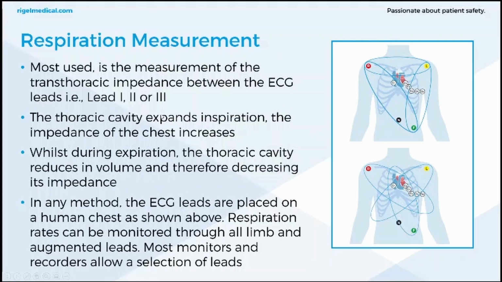This is the most commonly used respiration measurement, and this is how we simulate this vital sign when testing. So this is the most common method, and it gives you a better idea of how simulation is performing. Simply, if you look on any patient simulator, you'll see that it's got a baseline impedance, and it's got the variation impedance as well, which can be changed typically between 0.5 ohms and anywhere up to 5 ohms normally.